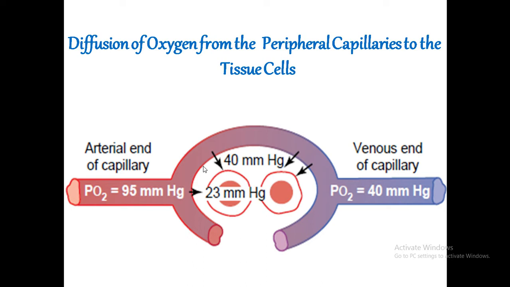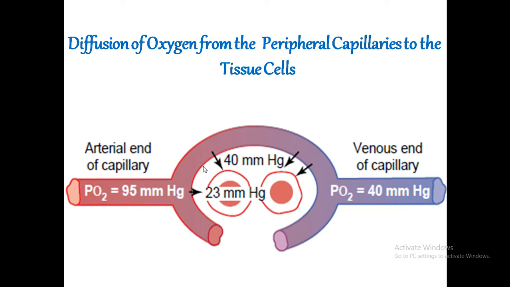And one more thing I want to explain to you, that you must be clear about these diagrams. Whenever in the viva you are asked to draw the transport of oxygen in the blood, you must be clear what the question is. Either I am asking you to draw the transport at the alveolar level or at the tissue level.